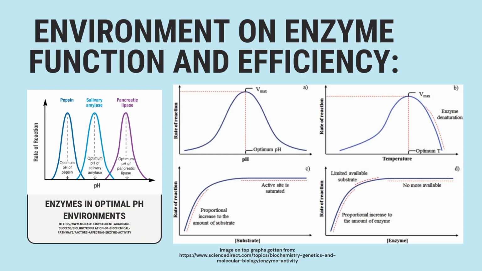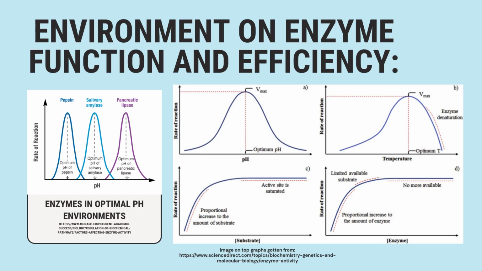In the graph at the bottom right, we see that the x-axis is now enzyme and the y-axis is rate of reaction. So we see that there's a proportional increase in the beginning, right? It slowly starts increasing with the amount of enzymes there are.